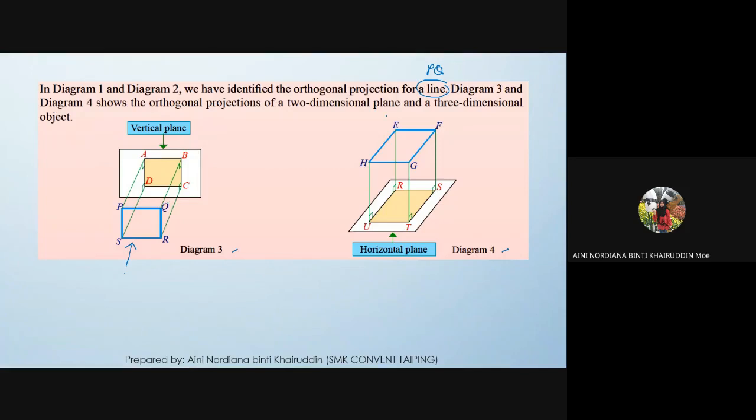Yang ni light dari atas. So bawah ni adalah dia punya shadow ataupun orthogonal projection. This one for vertical plane, this one for horizontal plane.